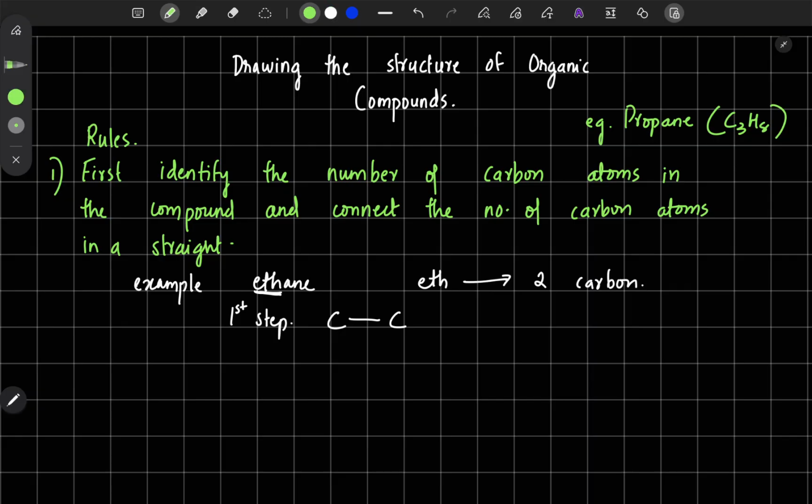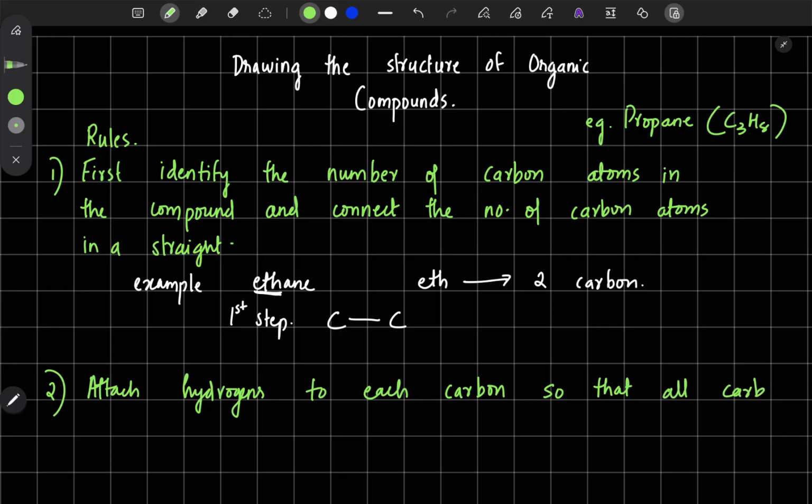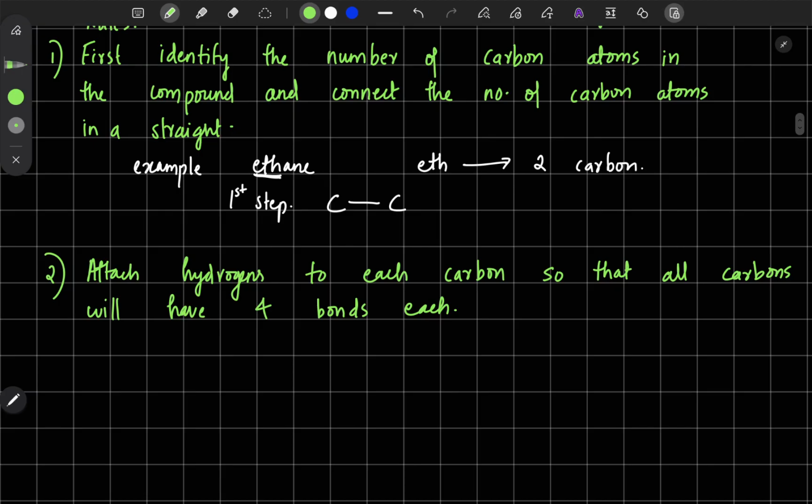Now the second step is, after doing the first step, attach hydrogens to each carbon so that all carbons will have 4 bonds each. 4 bonds because carbon wants to have 8 electrons in its valence shell, so carbon most likely will share its electrons.